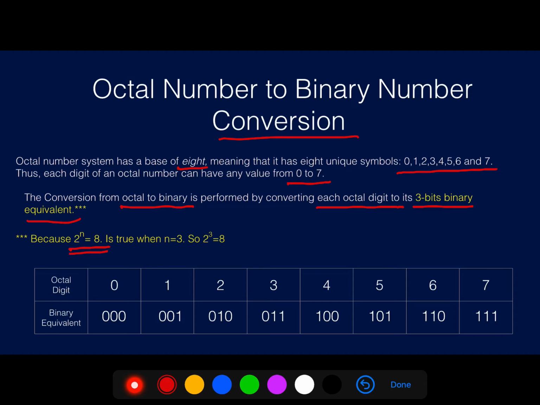Why 8? Because we are dealing with an octal number here. This is true when the value of n is 3, because 2 raised to the power 3 equals 8. So to satisfy this formula, the value of n should be 3.